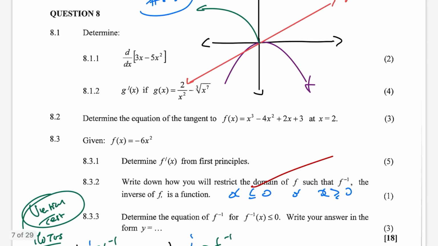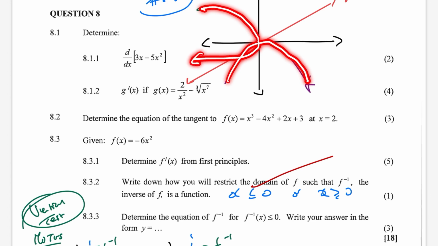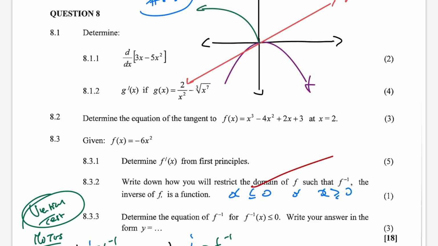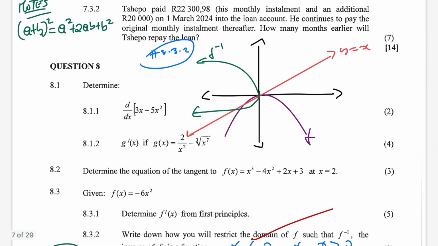I'm tempted to show you the inverse of this whole function. The inverse of the whole function is this line plus that line. This is the inverse if this is the function. And of course, this inverse is not a function.